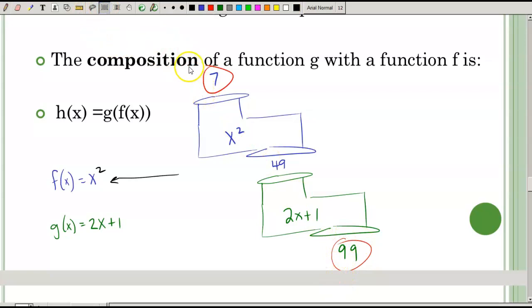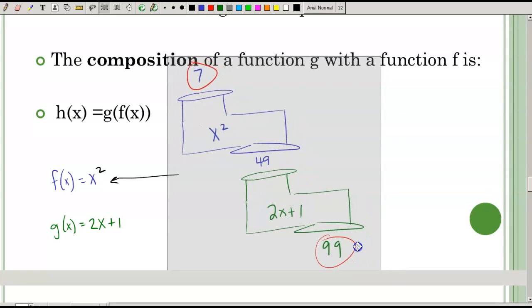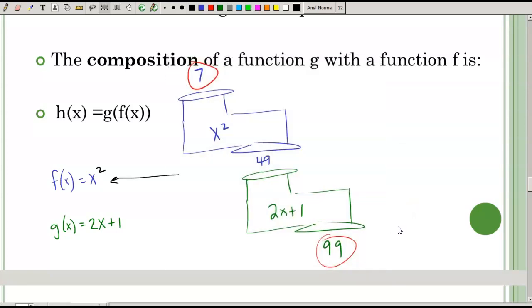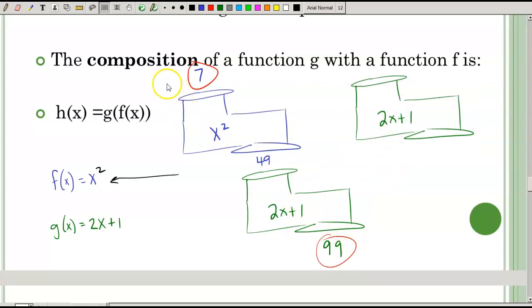Now, continuing off of this example, if we swapped the order, would it make a difference? What if I took this green function right here and these Lego pieces? Think back to when you were a kid and started playing with Legos.